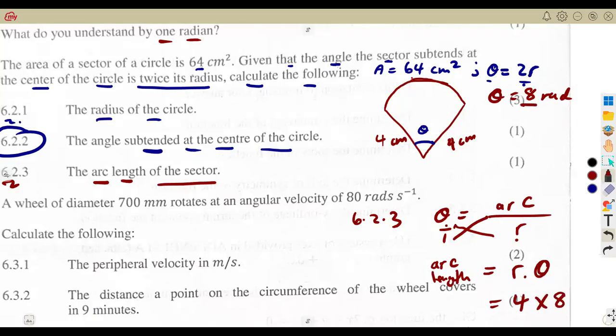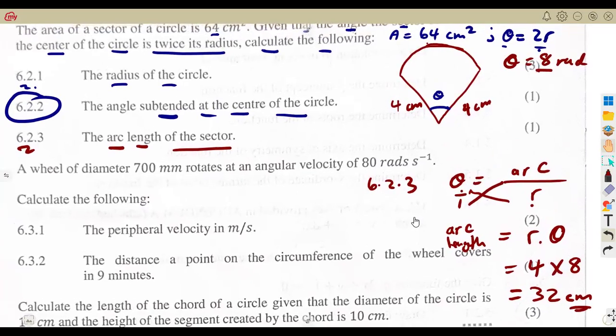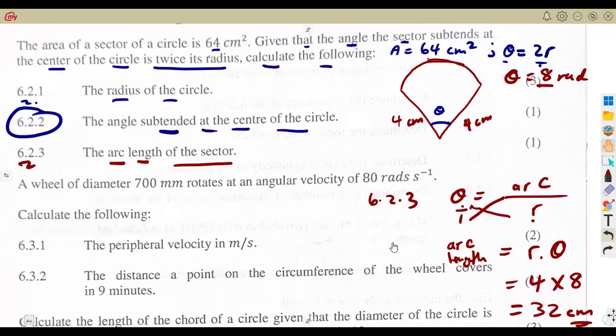We said it's 8. So 4 times 8 is going to give us 32. So that's our arc length. So that is 32 centimeters. Remember, these other units are in centimeters, 4 centimeters. So that will also be in centimeters as we are given these other units. Just like that.